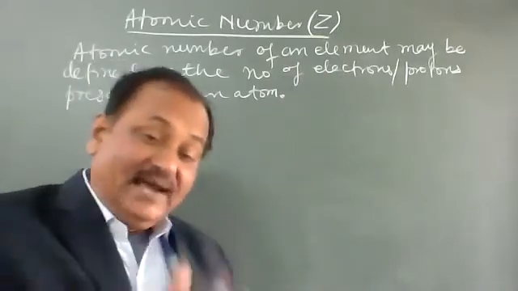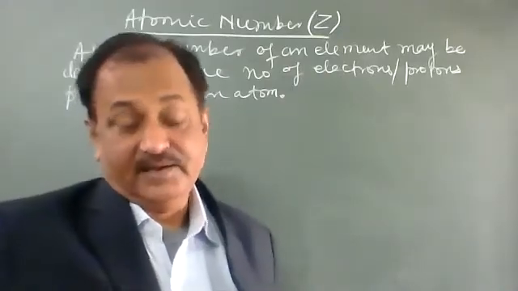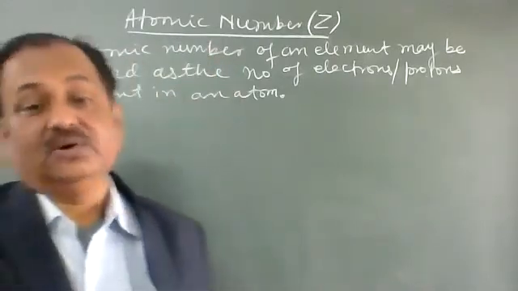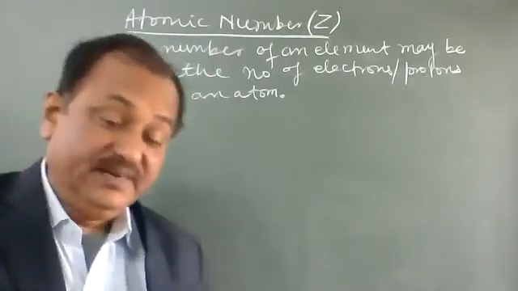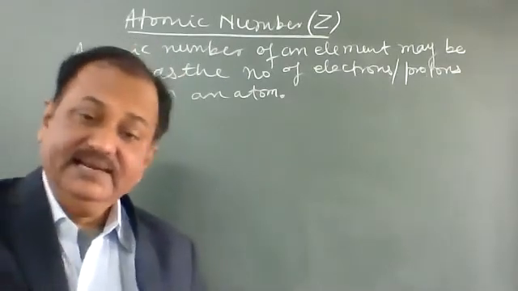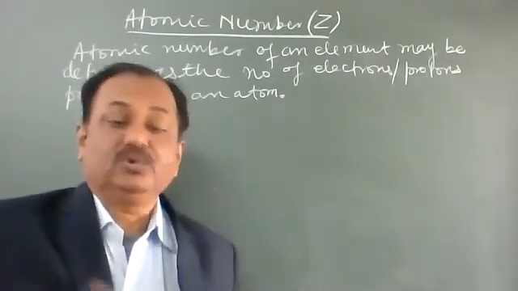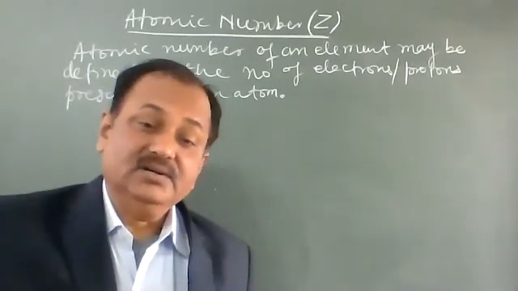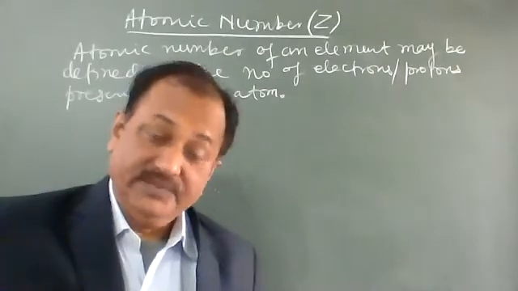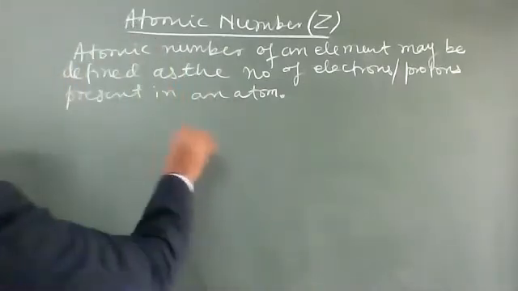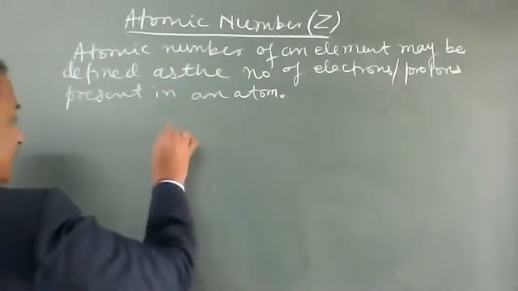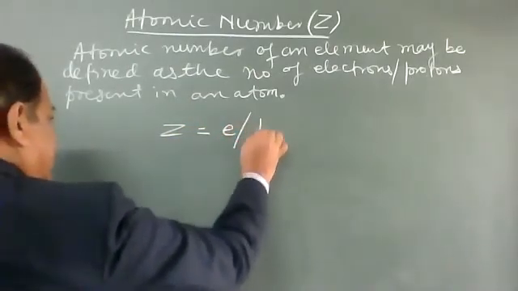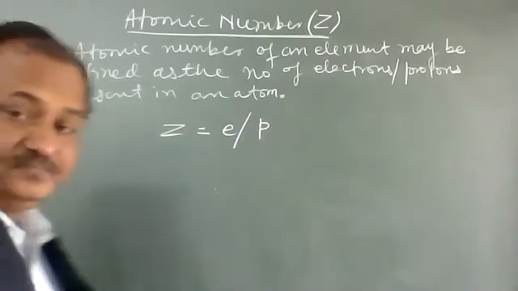Electrons decide the reactivity of an element. So we call the atomic number the number of electrons. In an atom, the electrons and protons are the same, so Z is equal to electrons or equal to protons.